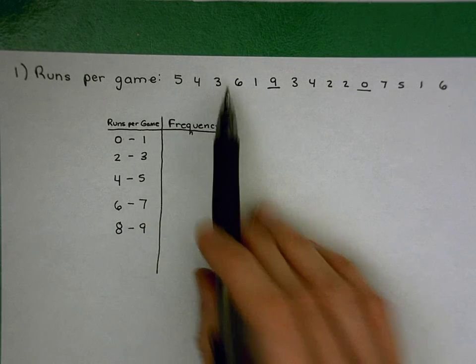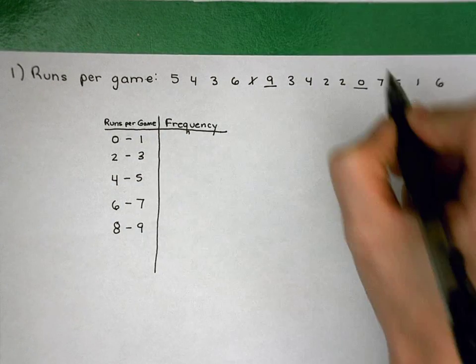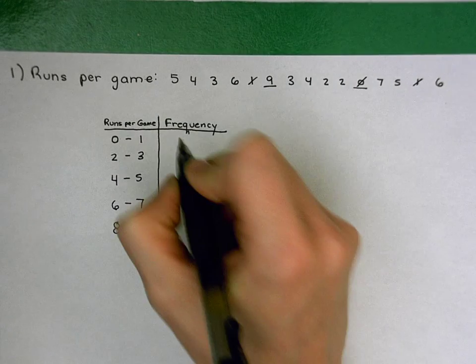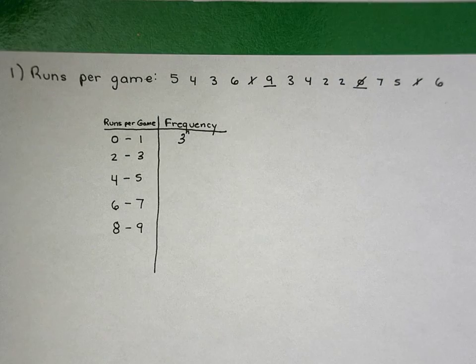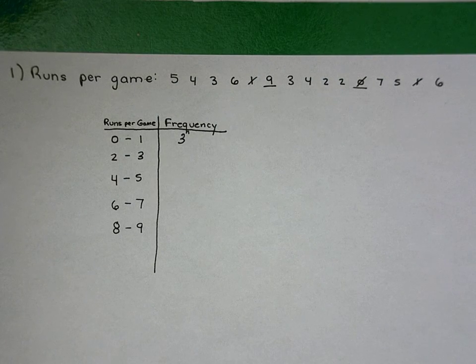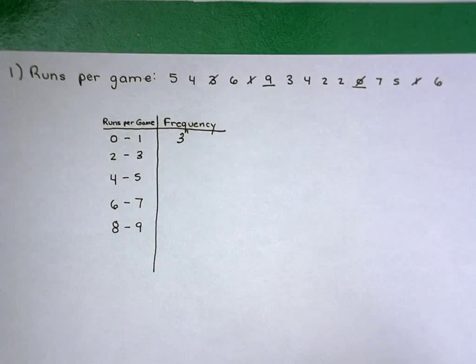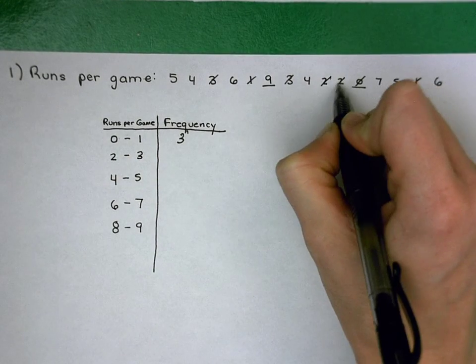Okay, and so as I go through this list, I have 1, 0 or 1, 2, 0 or 1s, and 3. And so my frequency of that interval is 3. And you're going to repeat that process then. 2 to 3, I have 1, 2, 3, 4.